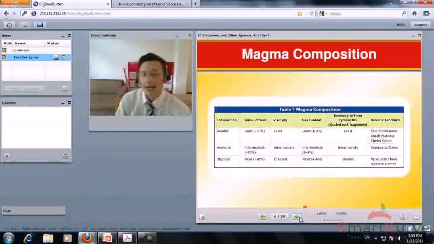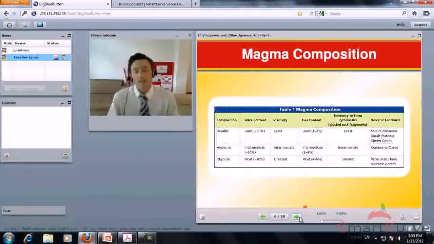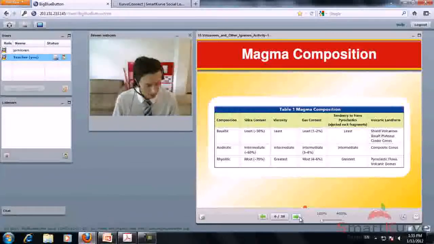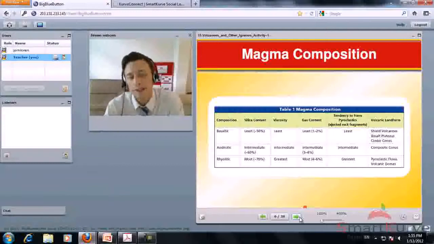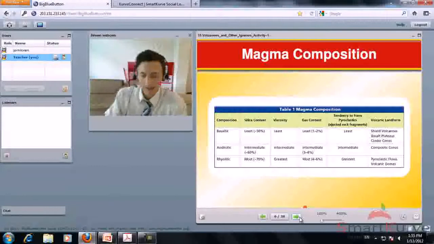On slide 6, we see some of the factors that affect the viscosity of that magma. Let's look at the left side of that table. Notice on the top we have that basaltic rock.